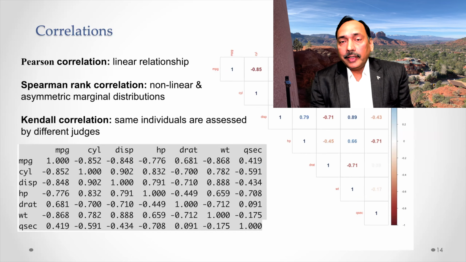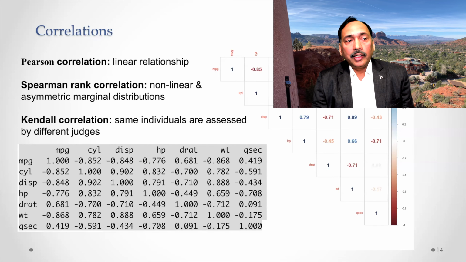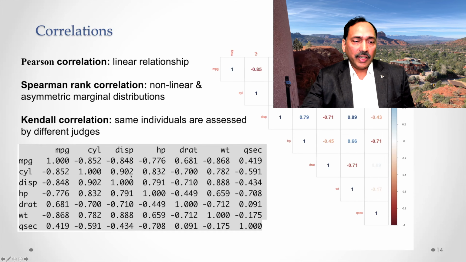When we study more than one variable, like 2 or more variables, correlations are very commonly used, and we are all familiar with the Pearson correlation. If we do this calculation and look at the correlation coefficients, so for example, between drat and mpg, we find that the correlation coefficient is 0.681.